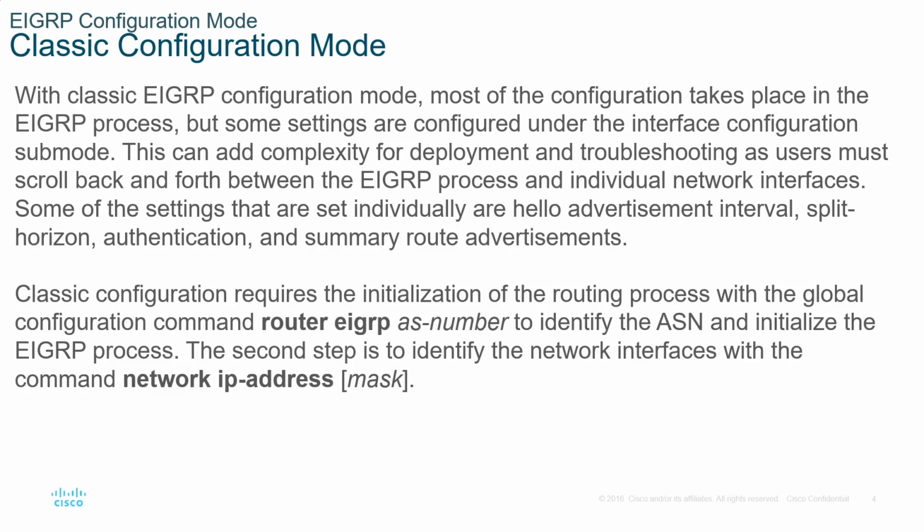You then follow this up with your network statements, which indicate which networks are participating in the routing process. And the command is network, the network address, followed by the optional IP mask. Now, if you don't use a mask, it will assume classful boundaries.